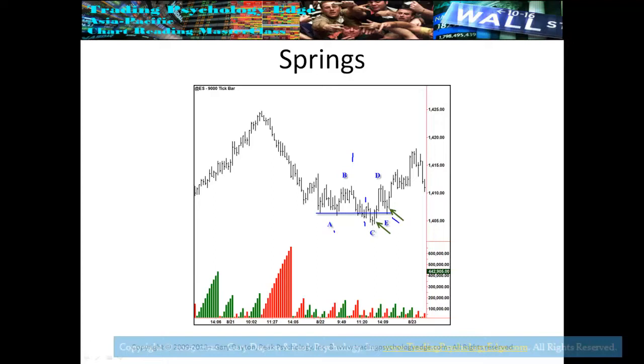So they're not perfect, they don't work perfectly all the time. But if you see this kind of thing, let's say you got in here and you jammed your stop right up underneath here, or even a tick or two below that, it comes back down and takes you out and then springs.